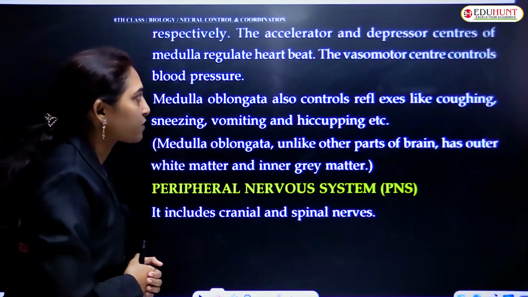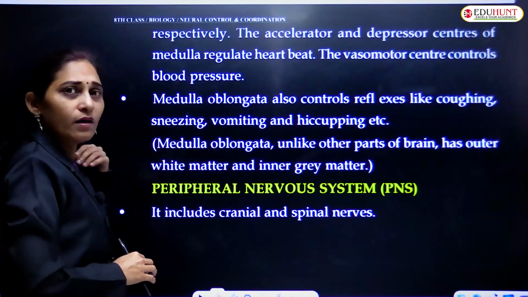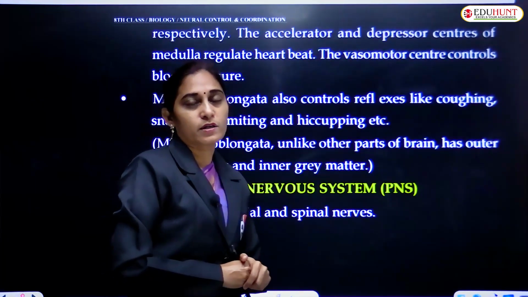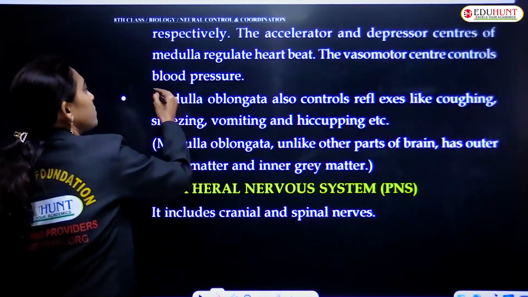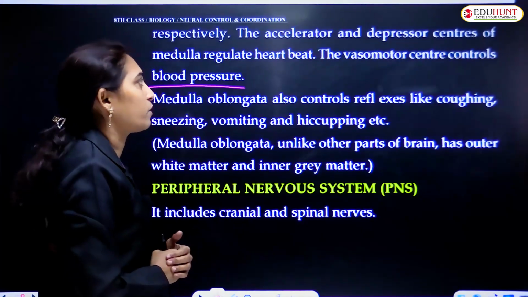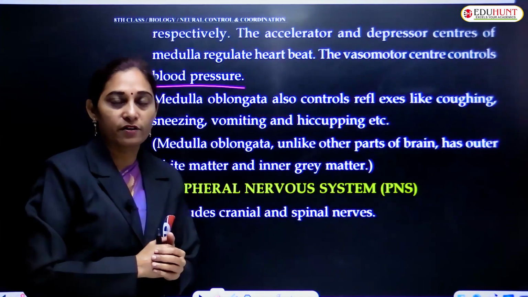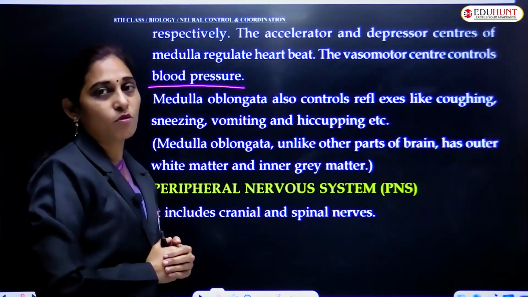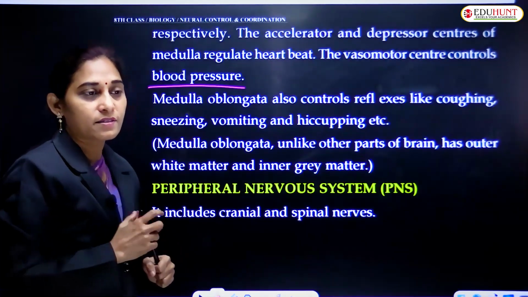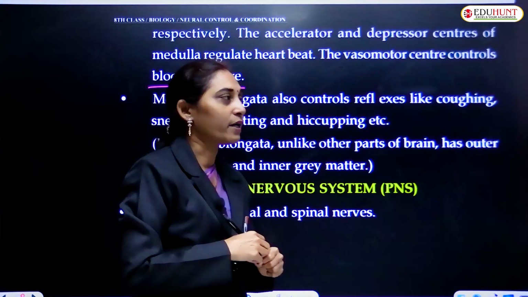The vasomotor center controls blood pressure, that is, BP is under the control of the medulla oblongata.